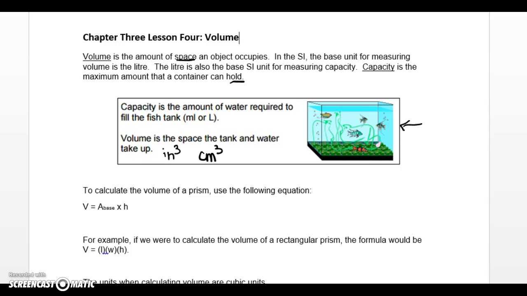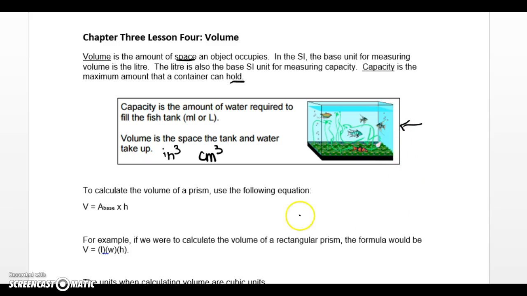To calculate the volume of a prism, we are going to use the following equation: volume is equal to the area of your base times the height. So say, for example, we calculate the volume of a rectangular prism, which is exactly what our fish tank here is.